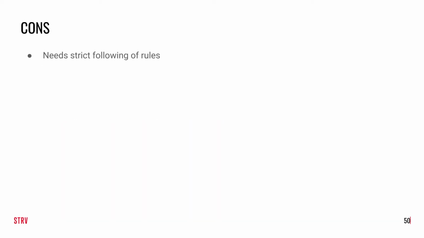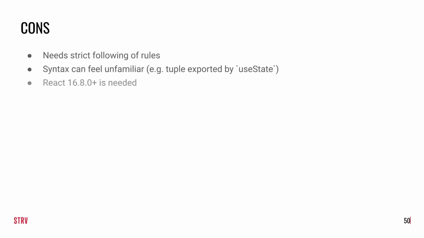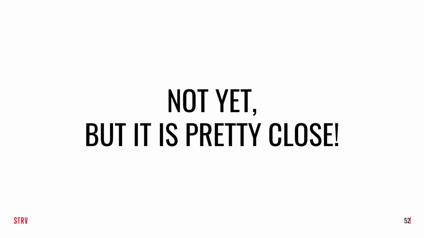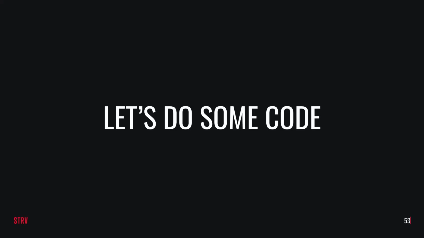And cons are that you need to follow these rules I mentioned. Syntax can feel quite strange because, for example, useState returns an array and not any variable or object. And you need to use a specific version of React or newer. Well, is it a silver bullet for managing or sharing logic between components? I'm not sure, but it's pretty close.